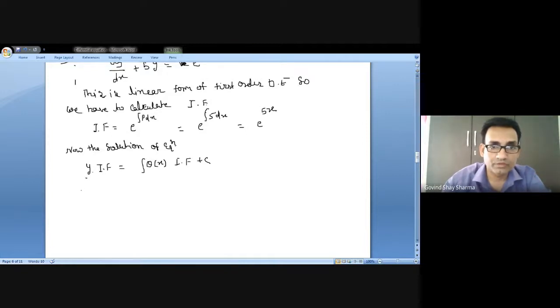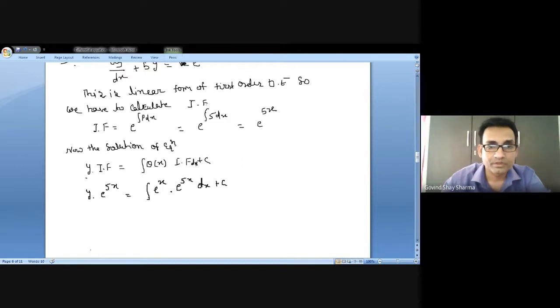What is the value of IF? y e to power 5x is equal to integration of Q(x). What is the value of Q(x)? e to power x. What is the value of IF? e to power 5x dx. Because of the integration sign, here is also dx.